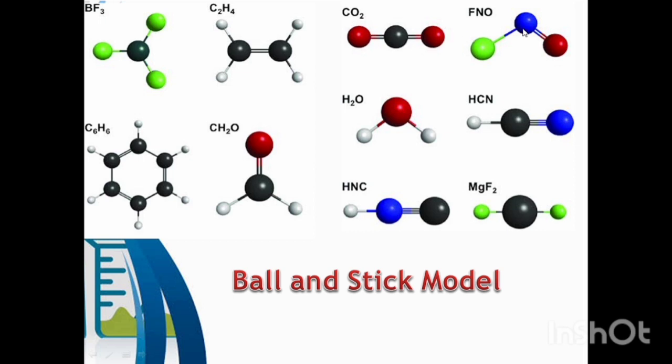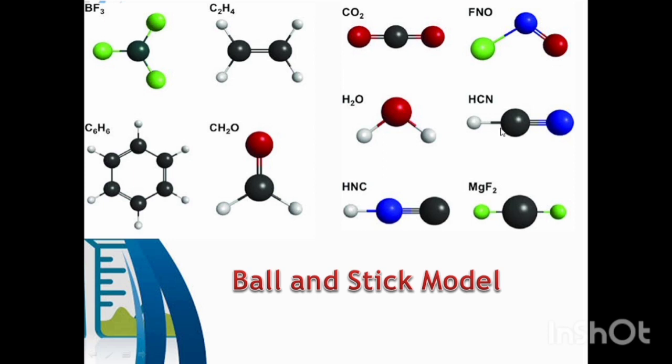So we have the fluorine, nitrogen, and oxygen. The next, we have the H2O, with the central part oxygen, and the 2 moles of hydrogen and 1 mole of oxygen.